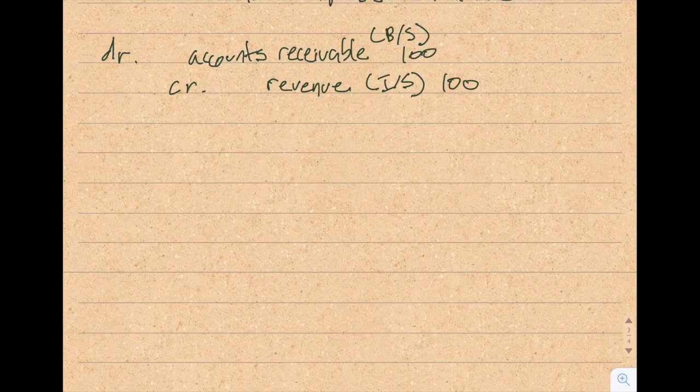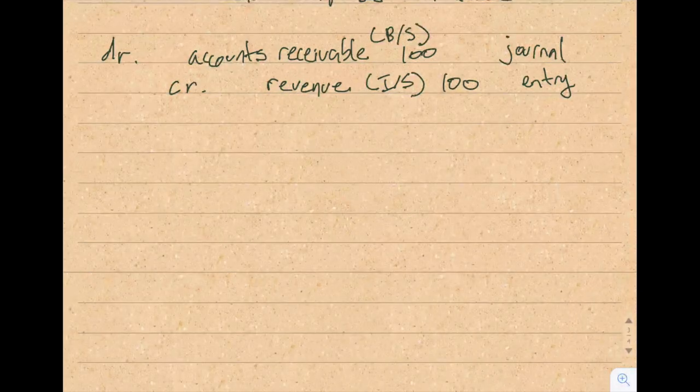So this is called a journal entry. This is your building block for what eventually will become the financial statements, whether that's the balance sheet, the income statement, and there's some others that we'll talk about in future videos. But this is a journal entry. A lot of journal entries will affect just the balance sheet or just the income statement. But as you can see here, this business transaction actually affects both.